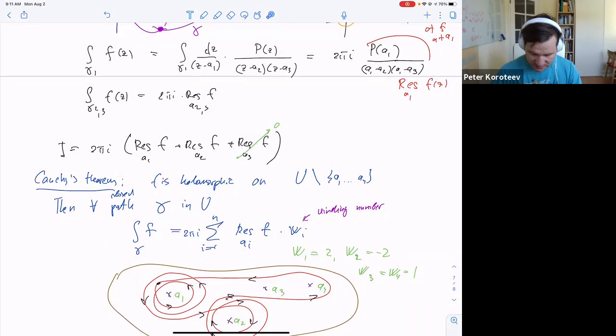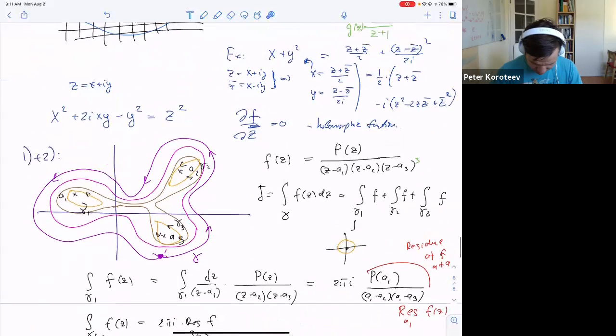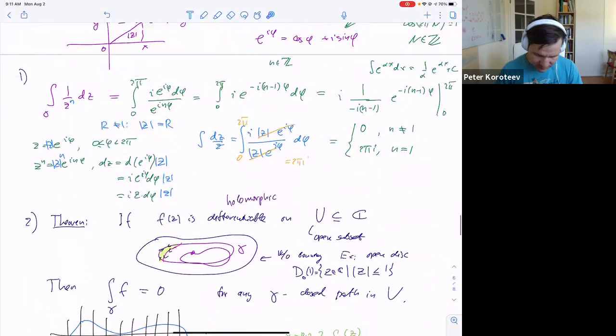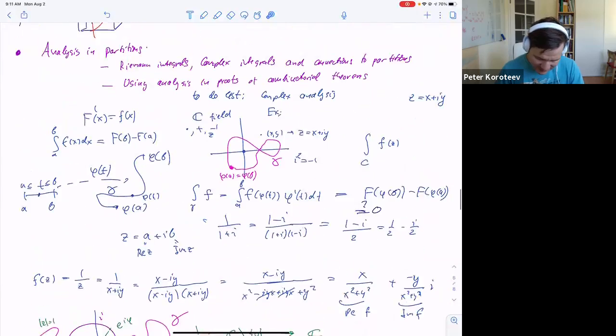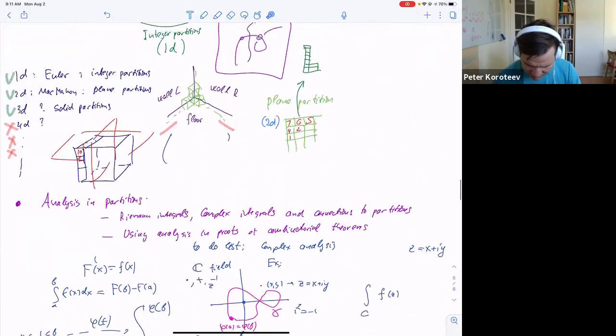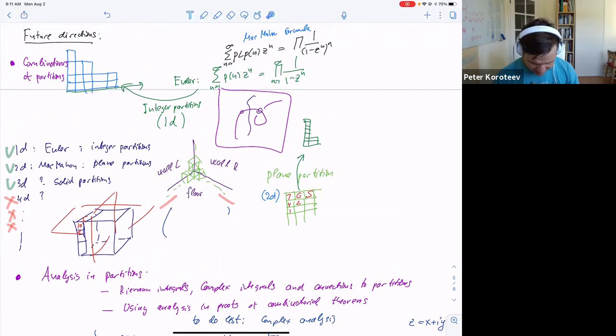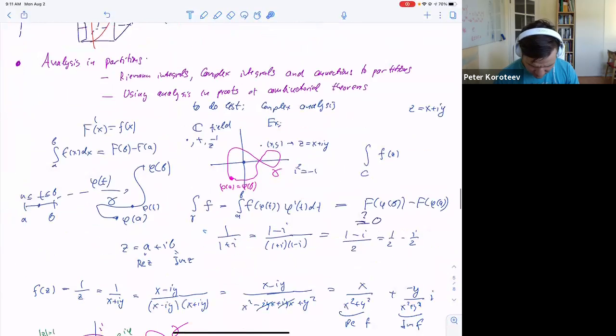Okay, any questions at this point? So we talked about 2 big directions: analysis and partitions, and then combinatorics. But in a sense, you need complex analysis for pretty much everything. It's really ubiquitous.